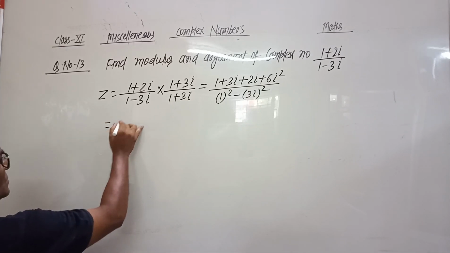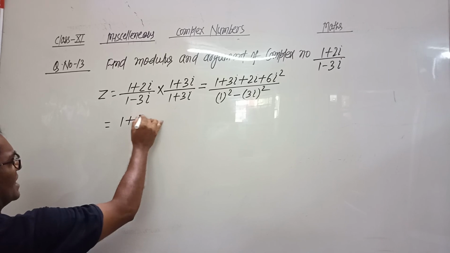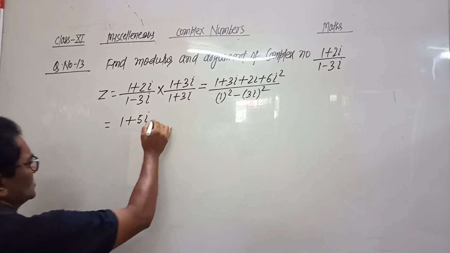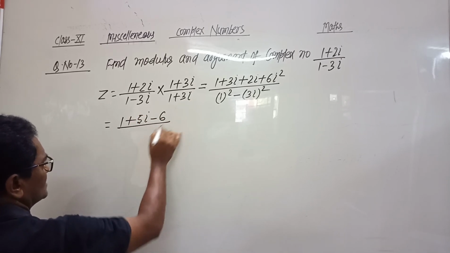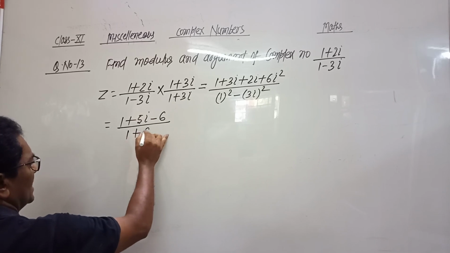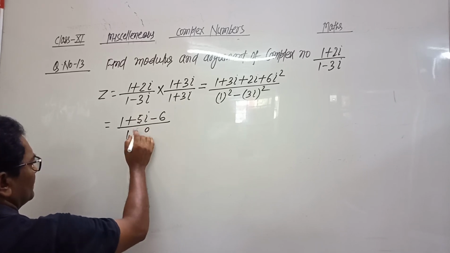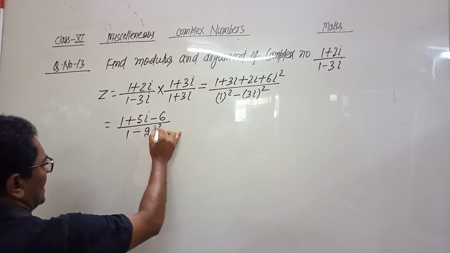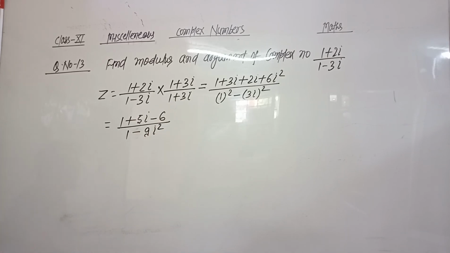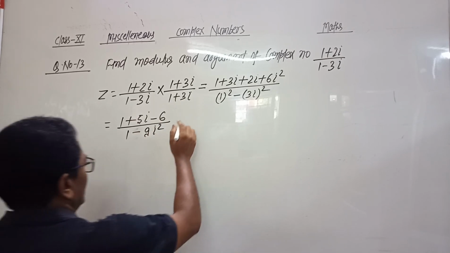So we get 1 plus 5 iota, and iota square is minus 1, so minus 6, upon 1 minus 9 iota square.